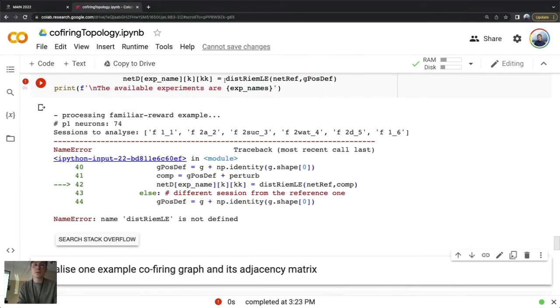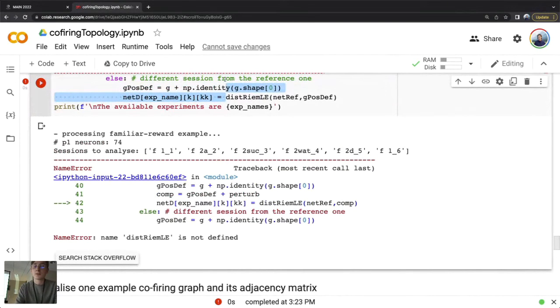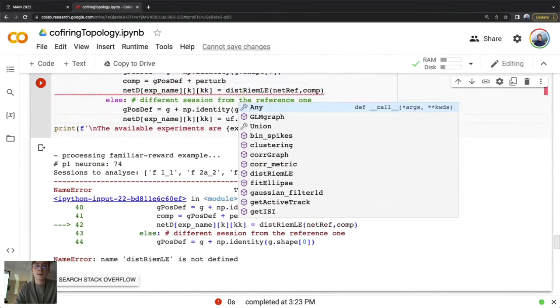And now, of course, once more. And another one.